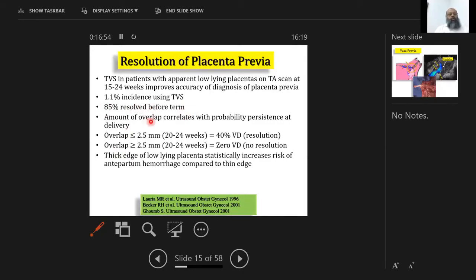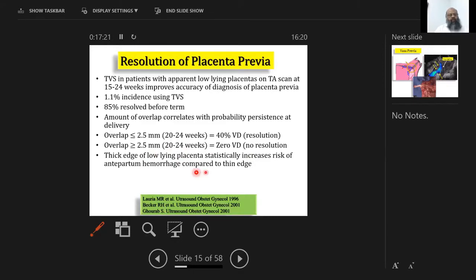Amount of overlap correlates with probability of persistence at delivery, and overlap which is less than 2.5 mm at 20 to 24 weeks will be 40%, and overlap which is above 2.5 millimeters at 20 to 24 weeks, there will be no resolution.